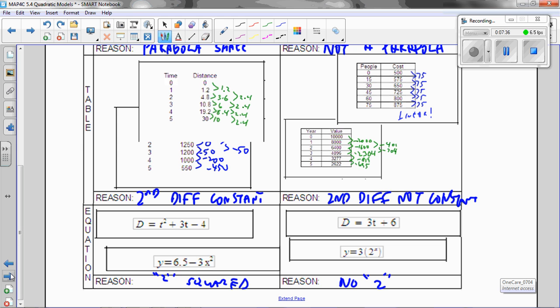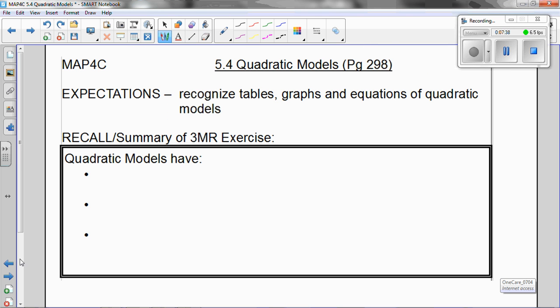Now on to the examples. So out of that activity, what we were supposed to get: the summary of the 3-minute review and the activity or the exercise. Quadratic models have their graph is a parabola.